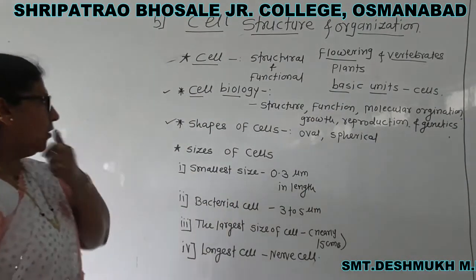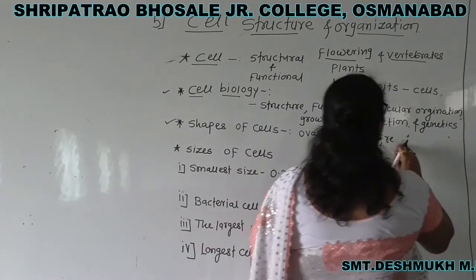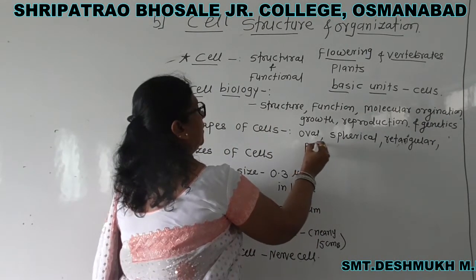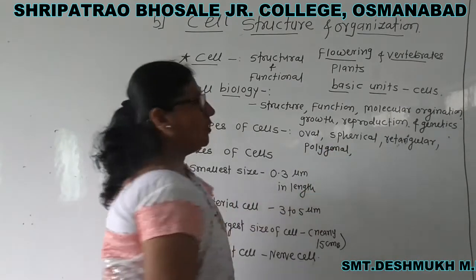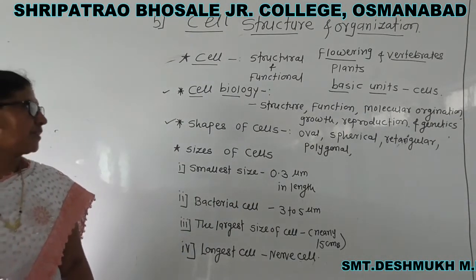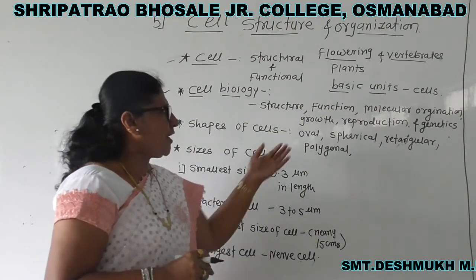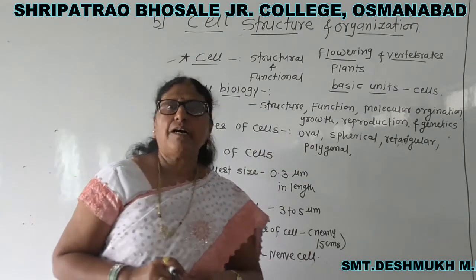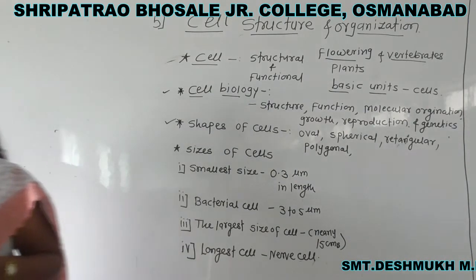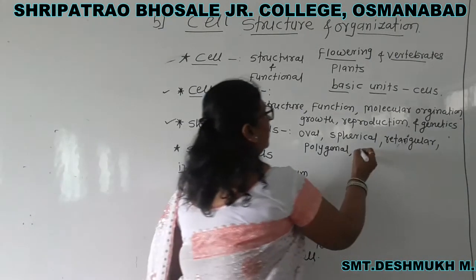Cells may be oval, spherical, rectangular, polygonal, columnar, flat, triangular, conical, etc.